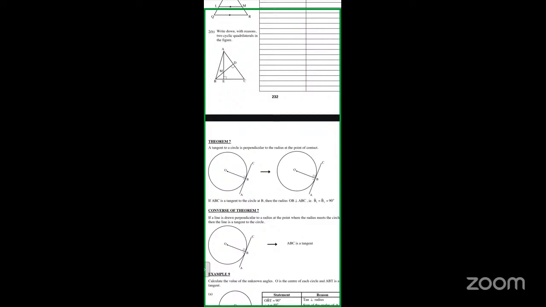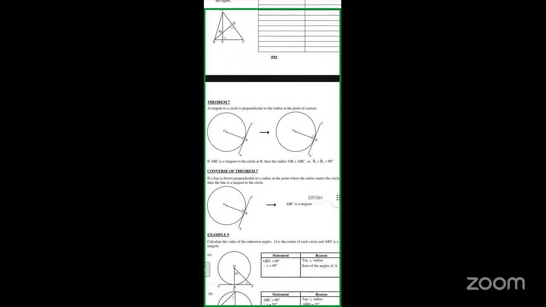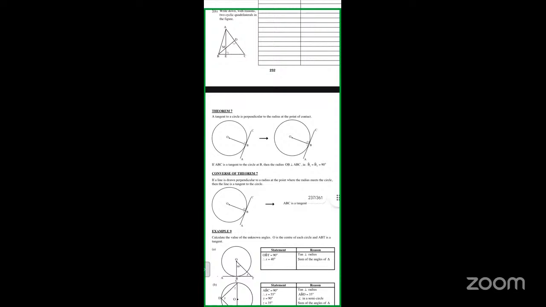You still can use that: diameter is perpendicular to tangent. We also have the converse of the theorem. If a line is drawn perpendicular to a radius at the point where the radius meets the circle, then the line is a tangent to the circle. We're still going to use that a lot.